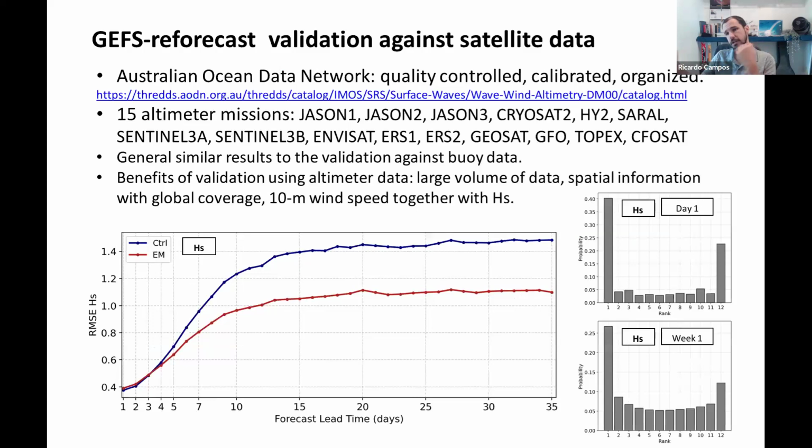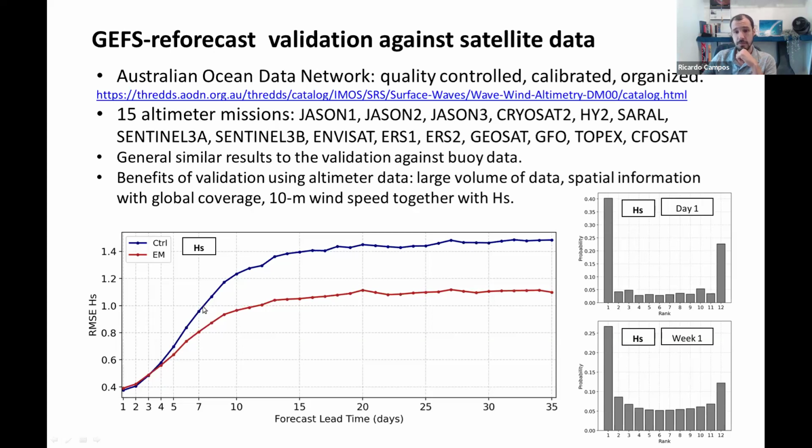So we expanded the validation to altimeter data, which is excellent. We have global coverage, far more data to consider, and we have a better view of the root mean square error and the other metrics as a function of the forecast time. The first day has very small errors, and then between 3 to 4 to 10 days we have a high increase in the root mean square error.